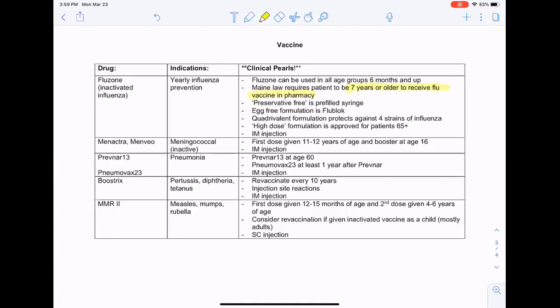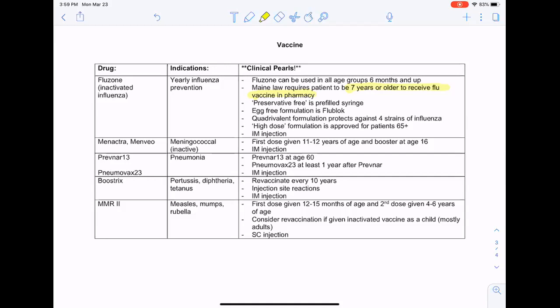The ones that are not preservative free are in the multi-dose vials. So you'll have like a 10 ml vial in your fridge of Fluzone or Flucelvax, and if you can get more than one vaccine out of it, then it needs a preservative to stay inside the fridge.